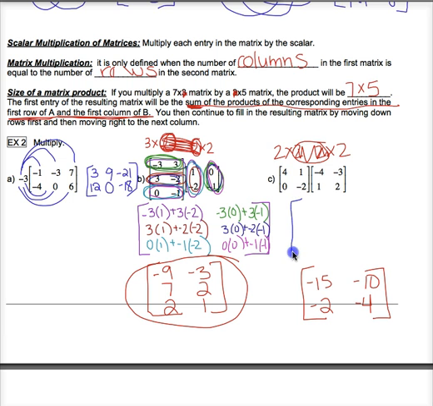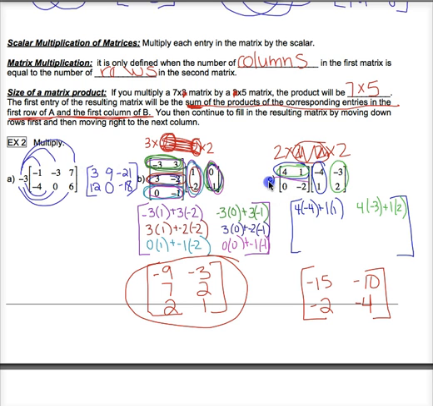So in my work matrix, I've got first row times first column, so 4 times negative 4, plus 1 times 1. Then first row times second column, so 4 times negative 3, plus 1 times 2.